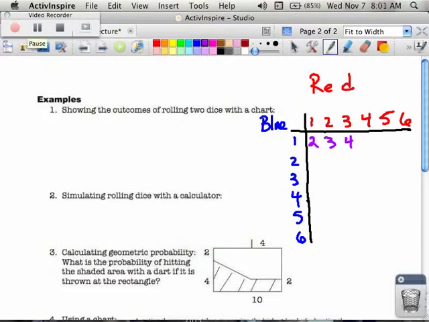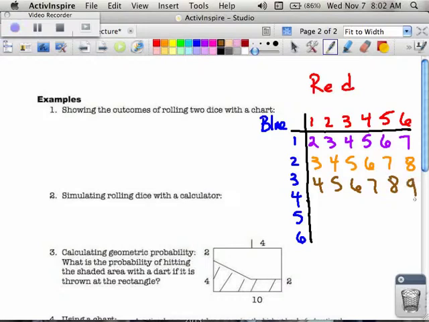So if we continue in this chart, I'm just going to total up the two dice as I go across. So then in the next row, as I'm totaling up the dice, I'll get different numbers, of course. So now the blue 2 plus the red 1, that's a 3, and then there'll be a 4, and then a 5, and then a 6, 7, and 8. And I keep writing down these totals for all the possibilities. So 4, 5, 6, 7, 8, 9. You can probably see patterns. Remember, math is a study of patterns.